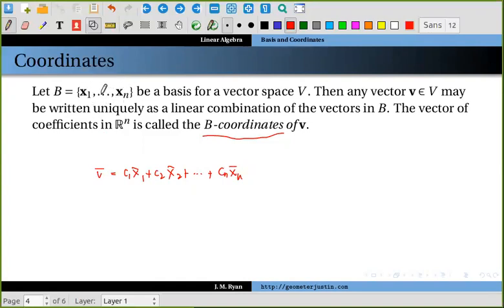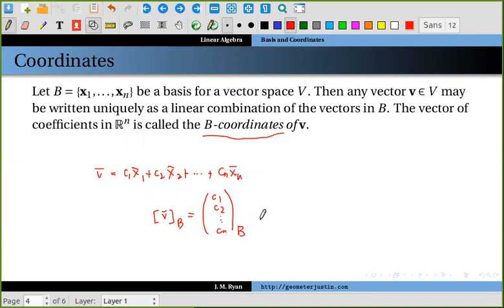You can change the order at the beginning if you want, but once you set an order, you have to stick with it. So x1 through xn are always written in this order when we write our unique linear combinations. We call the B coordinates of this vector v the vertical vector of the constants required to form the linear combination.